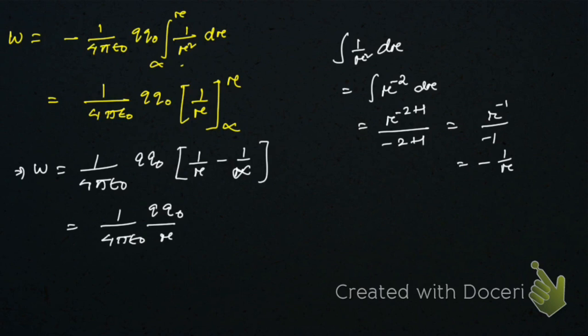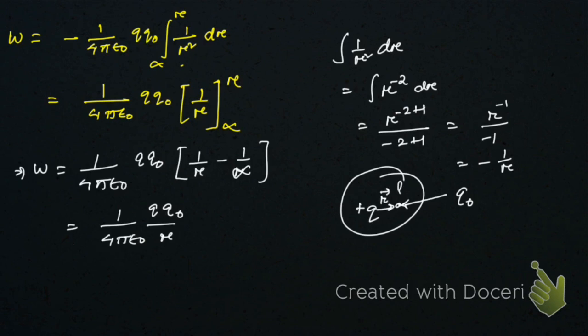So now potential at this point, here you see, suppose that this is the charge, point charge q, and q naught is brought from infinity to this point, whose position vector relative to positive q is suppose r vector.